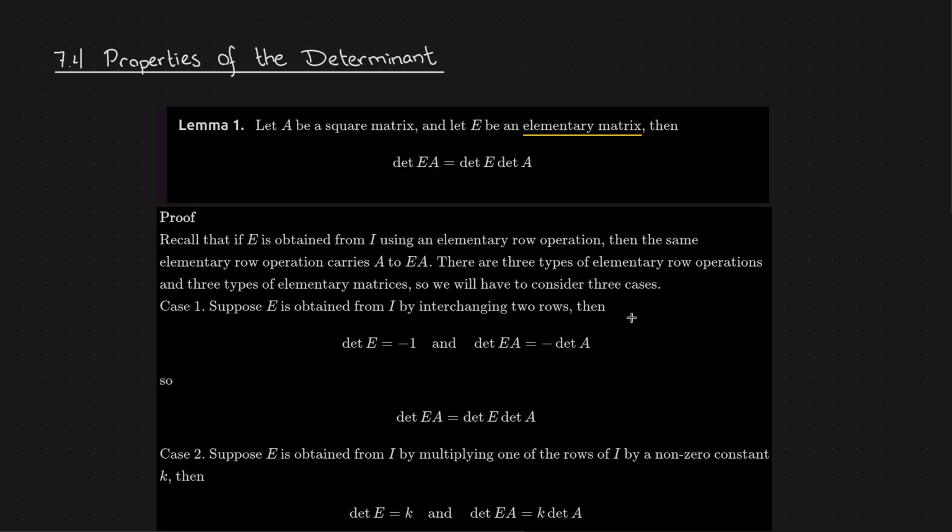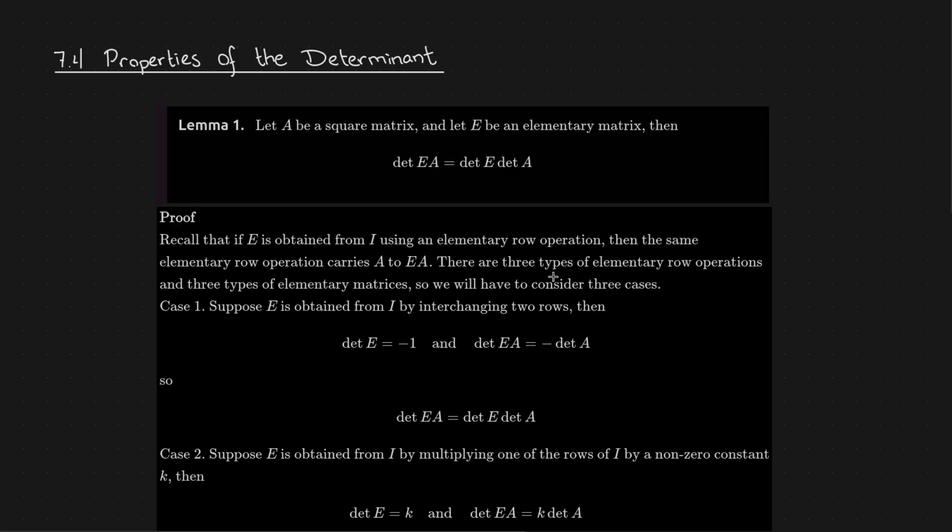That gives us our elementary matrix. Then the determinant of the product of the elementary matrix times matrix A is equal to the product of the determinants of the two matrices on their own. Okay?